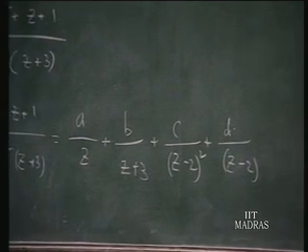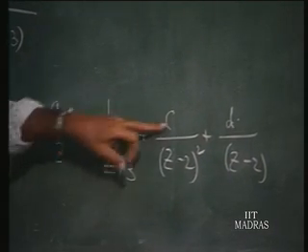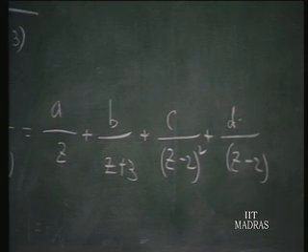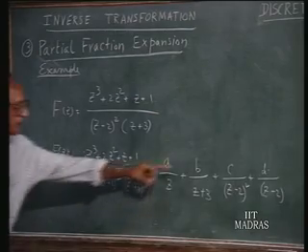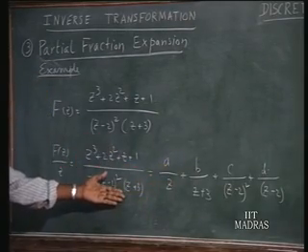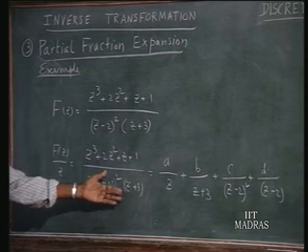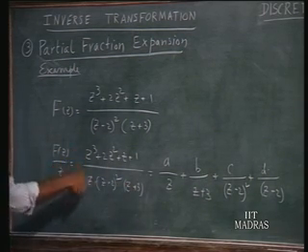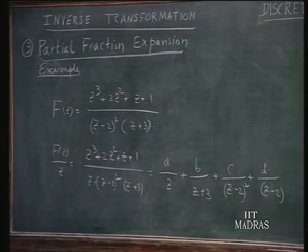Now in this partial fraction expansion, A, B, C are easy to obtain. To get A, you multiply by z and take the limit of the function as z goes to 0. To obtain B, you multiply by (z plus 3) and take the value at z equals minus 3. To get C, you multiply this by (z minus 2) whole square and take the value at z equals 2. So let us do that first.